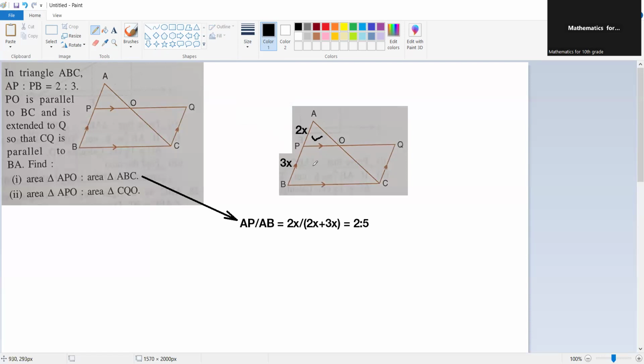This triangle is similar to the bigger triangle ABC.